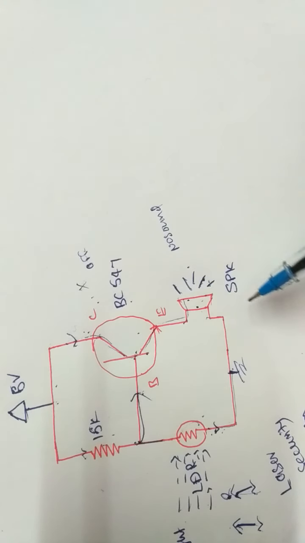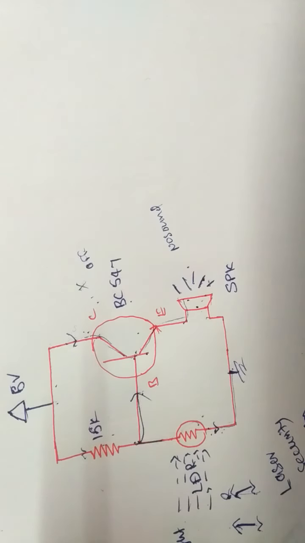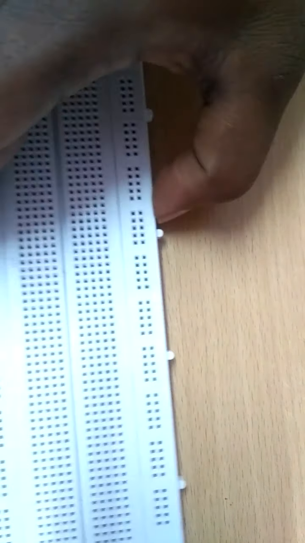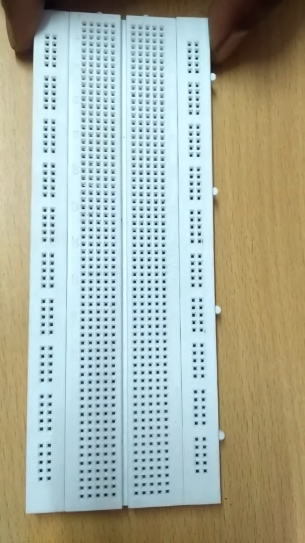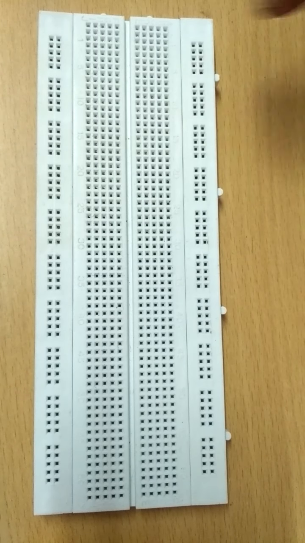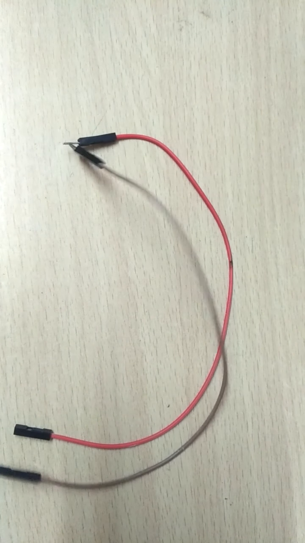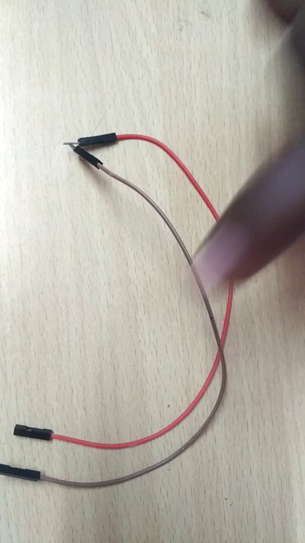Now we are going to show the practical. To develop the laser security alarm, we need a breadboard like this. The second is patch cords to make connections between the components, or single strand wire.